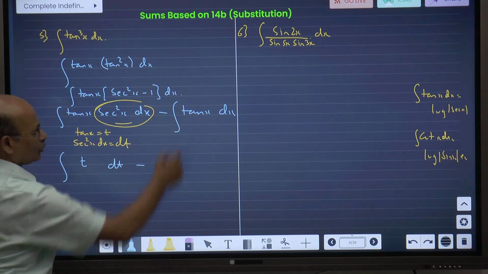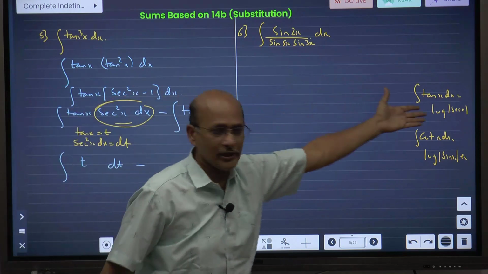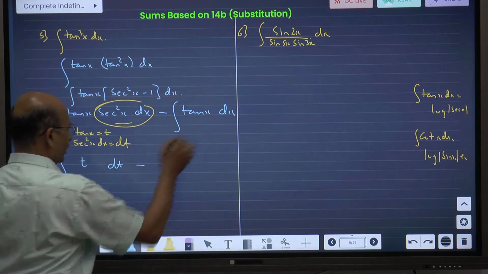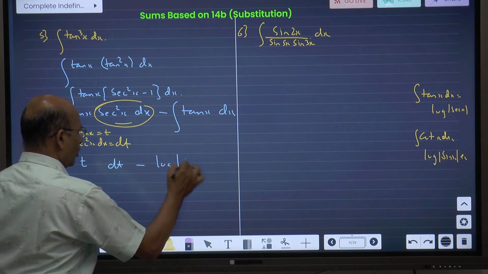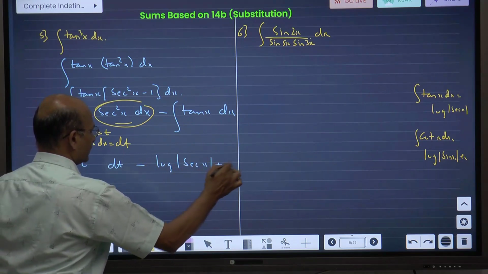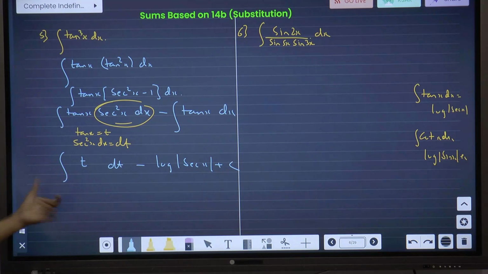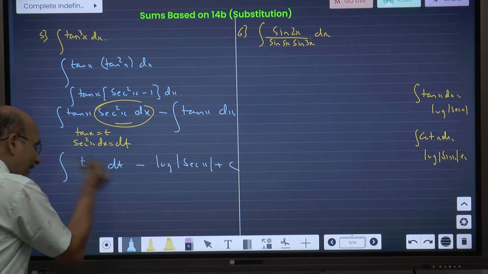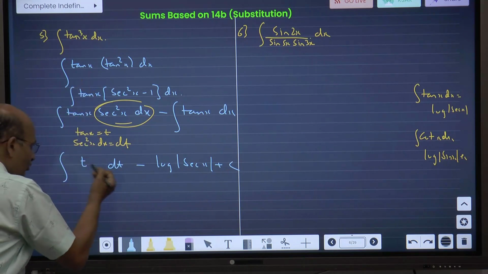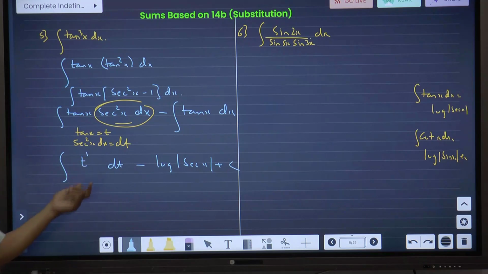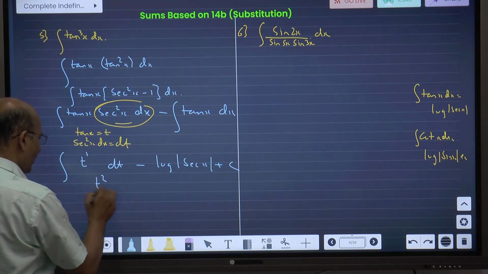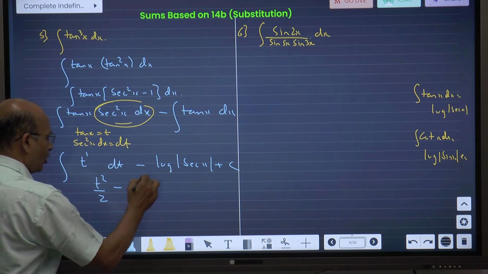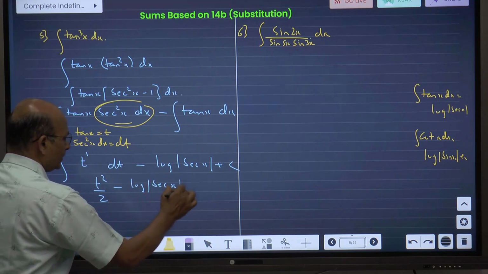Minus, I have no issue because integral tan, just now I saw, is log of sec x plus c. So integral tan x is nothing but log of sec x plus c. But I have to take the integration here. Definitely it's not trigonometry here, it's an algebraic function, so I can apply the power rule. So it will be t square upon 2 minus log of sec x plus c.